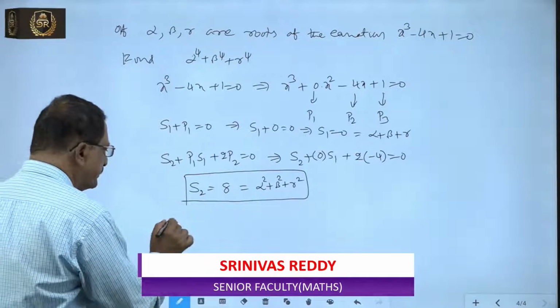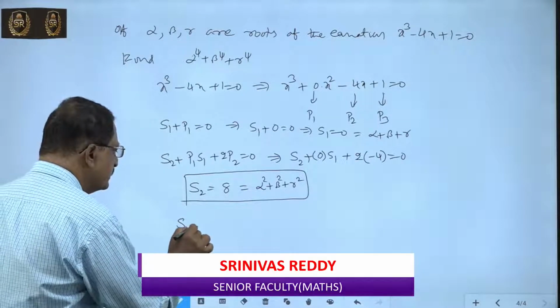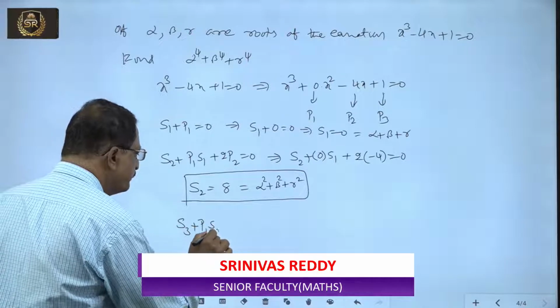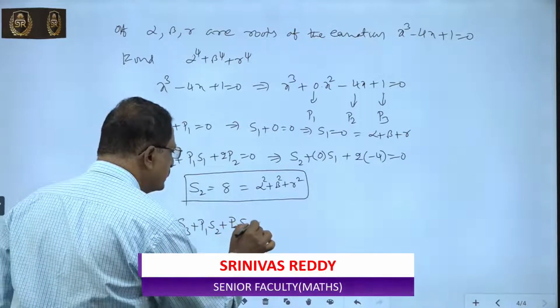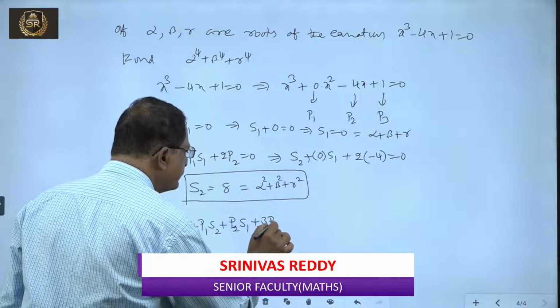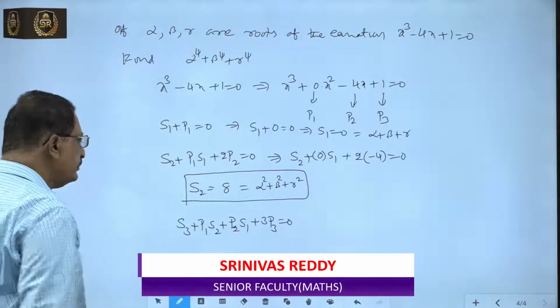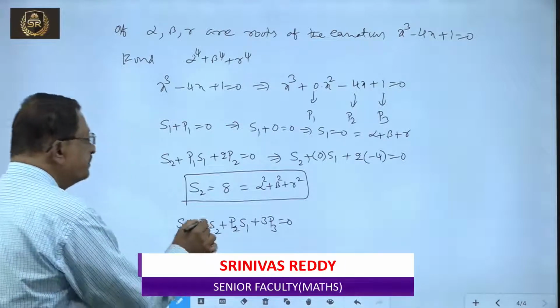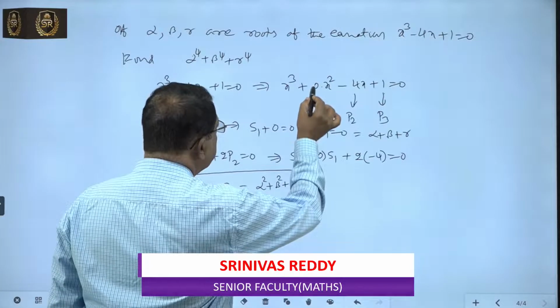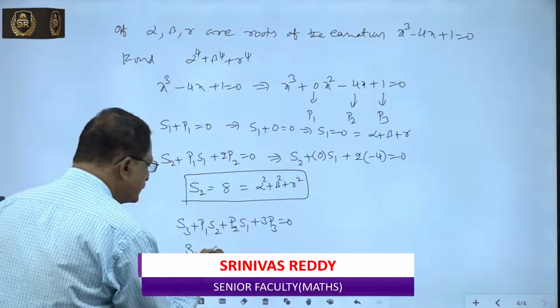Next, S3 plus P1 S2 plus P2 S1 plus 3P3 equals 0. Now S3 plus P1 S2, P1 is 0, so P1 S2 is 0.